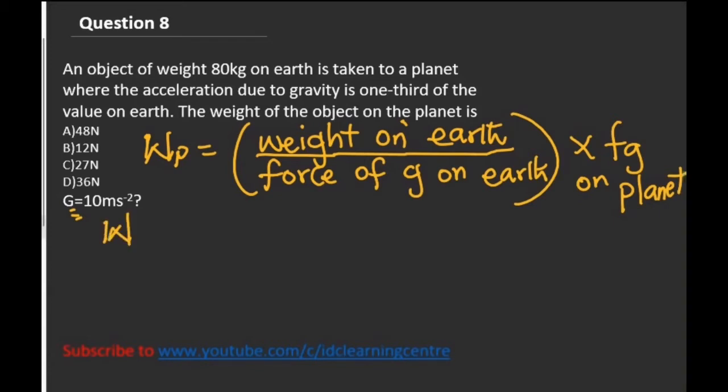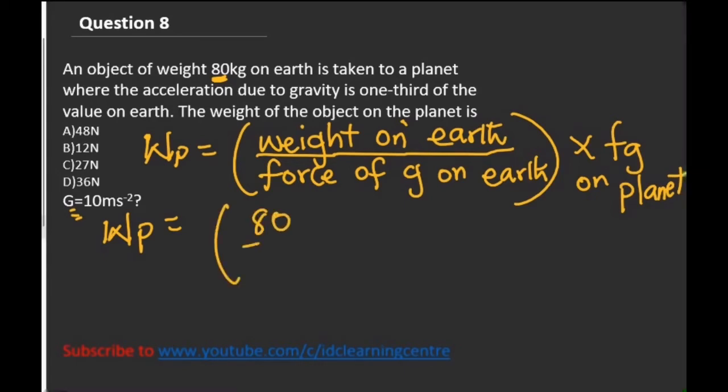So, the weight of the object on the planet will give me, now remember I said force of gravity on Earth is always 10 meters per second squared. An object of weight 80 kg, weight on Earth, let's start with that.